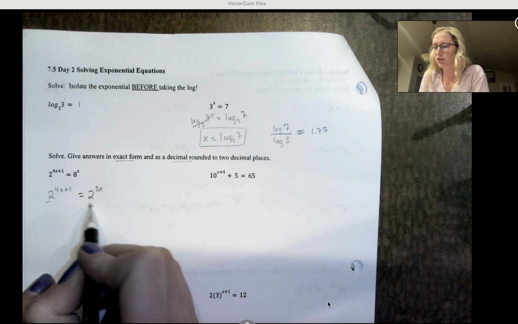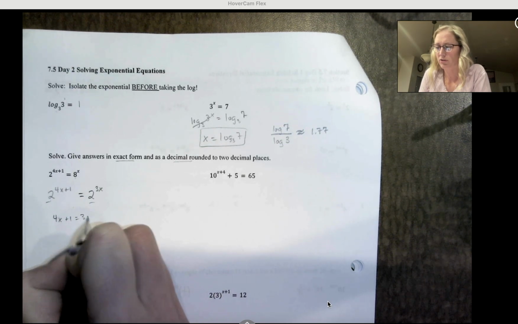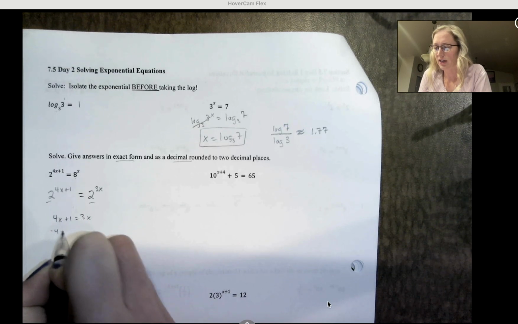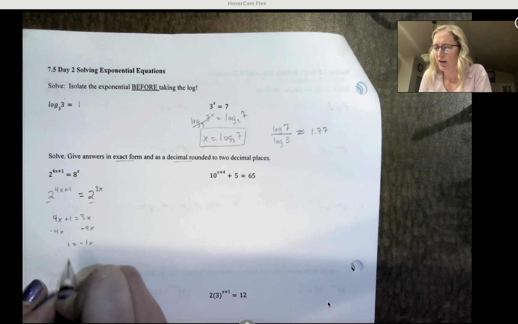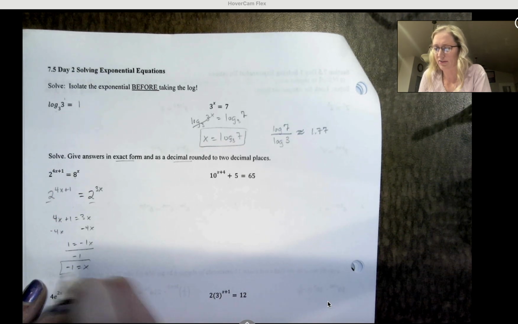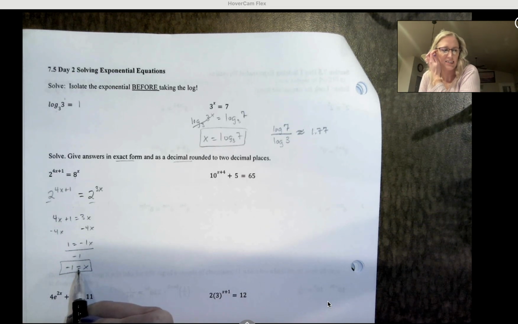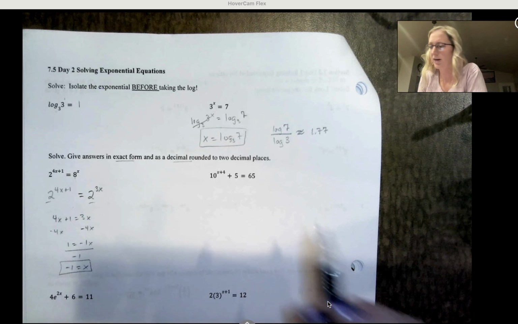Once these match, now I can set the exponents equal. So I've got 4x plus 1 equals 3x. Get all my x's together. So we got 1 equals negative 1x, divide by negative 1. So negative 1 equals x. Now, obviously, that's a nice exact answer. I don't have to give 2 decimal places.